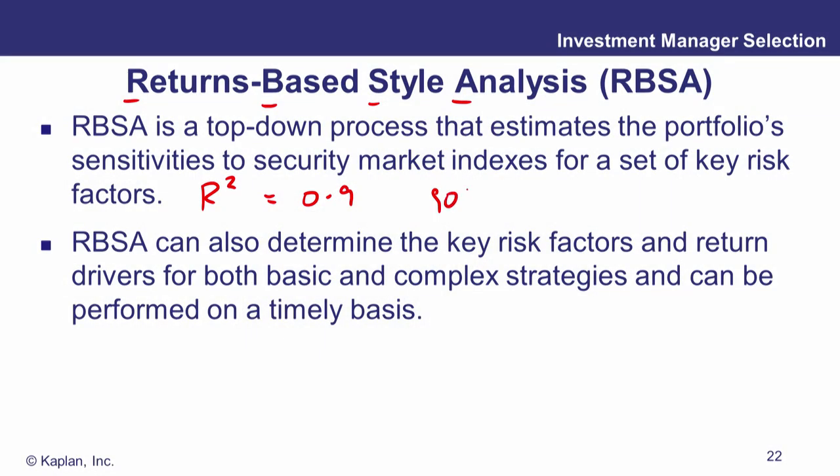If you had an R-squared of 0.9, it would mean the model that we've created to explain your returns explains 90% of the returns passively. These market indices can recreate your portfolio on 90% of the returns, but that leaves an error. And guys, that 10% error, in past exams, they might interpret that as more active management.